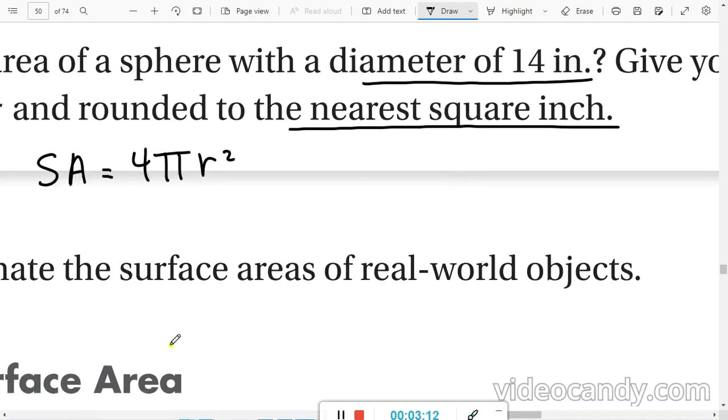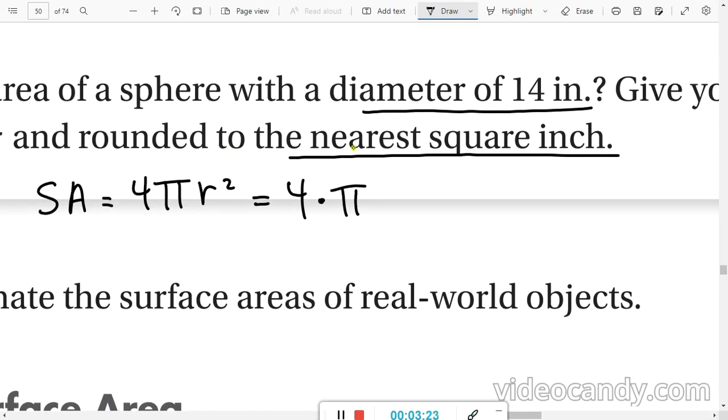So we have our formula once again, 4 pi r squared. So that's going to be 4 times pi. And we need to find r. If the diameter is 14, the radius is just going to be half of that. So half of 14 is 7. So r is 7.